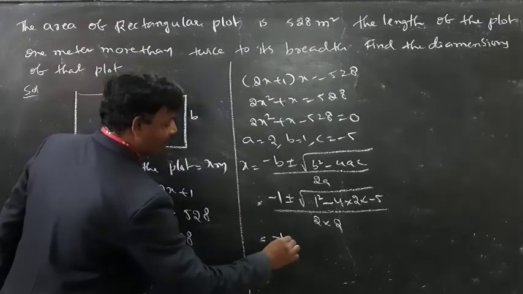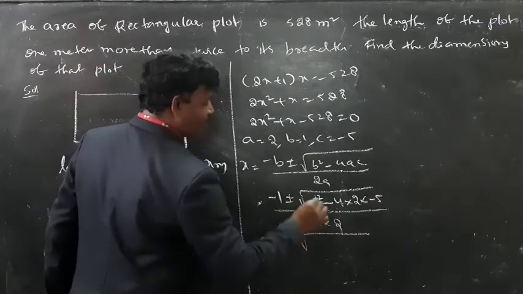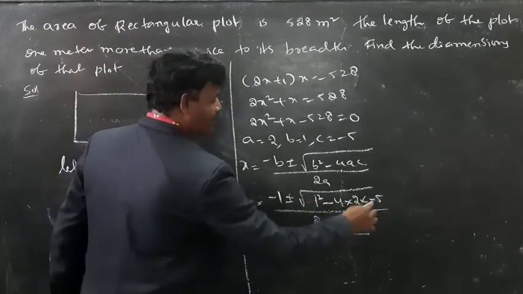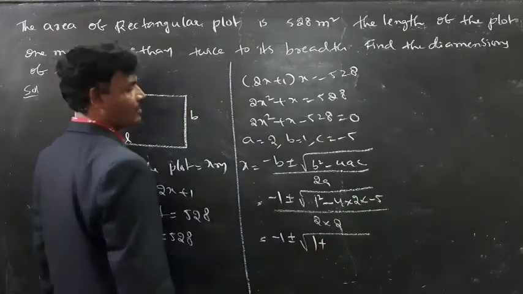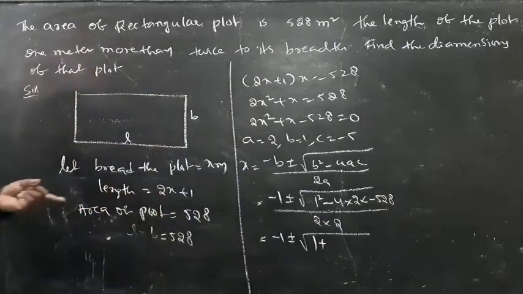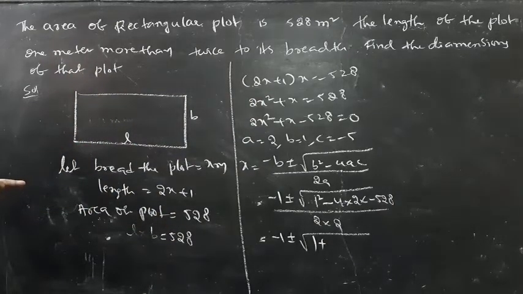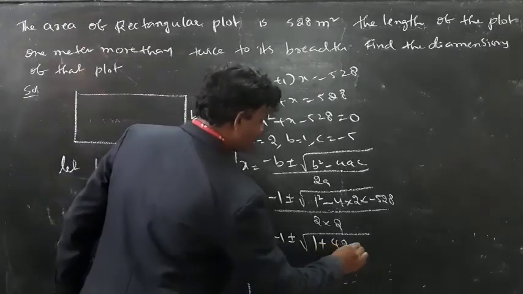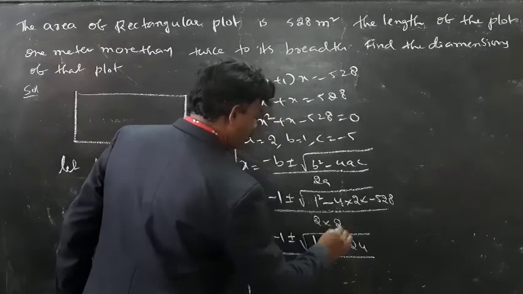Now multiply: minus into minus is plus, 4 twos are 8, and 8 into 528 is 4224.